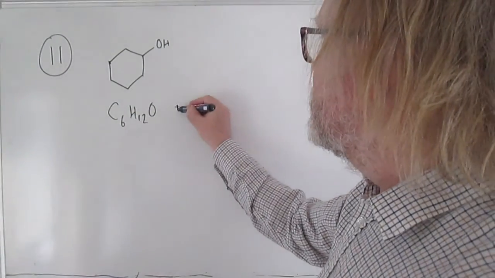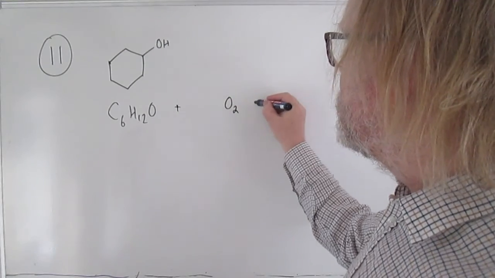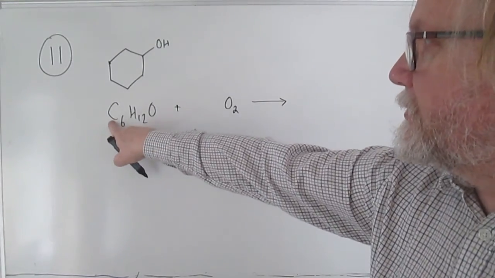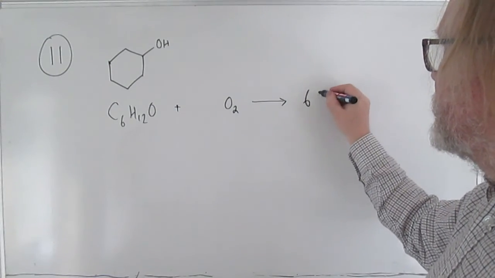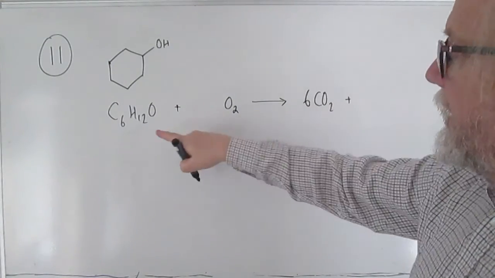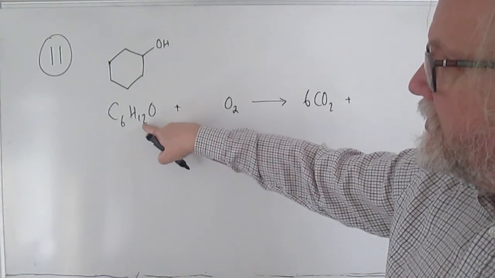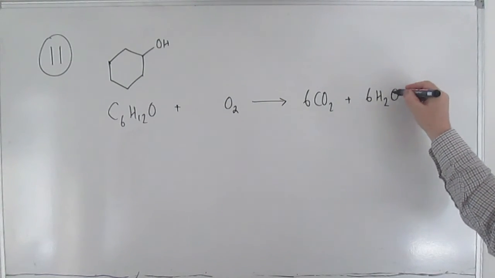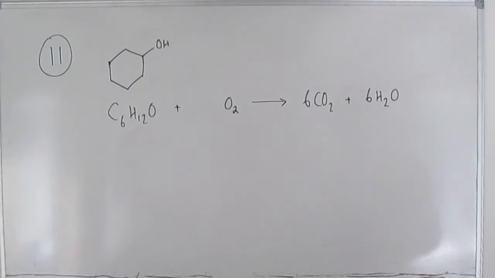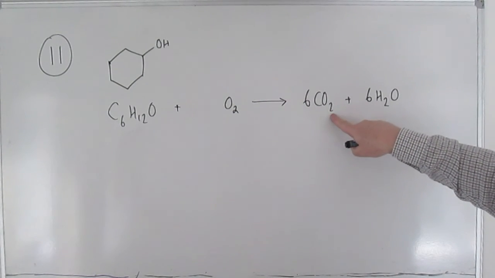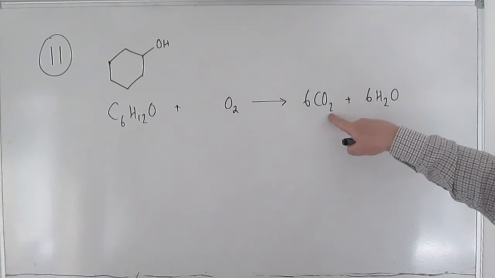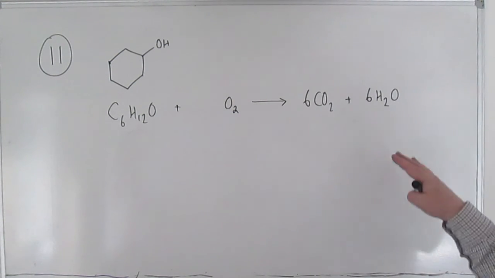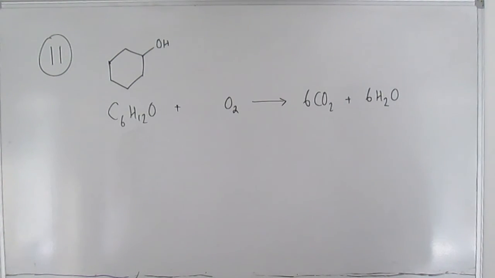So it's going to be that plus however many O2s, and that's the bit we work out last, gives you 6 carbon dioxides, because we've got 6 carbons, and 6 waters, because you've got 12 hydrogens, which is 6 lots of 2, so 6H2O. So if we add that up, we've got 6 2s are 12 oxygens there, plus another 6, so 18 oxygens altogether on the right, so we've got to have 18 on the left.